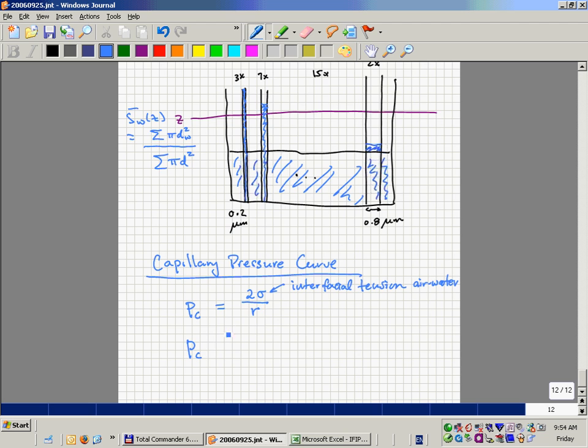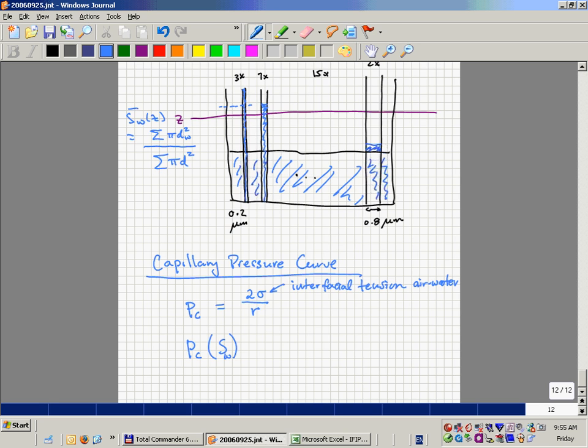Then, based on this particular diameter, we can say that all of the capillaries, all of the pores that size or smaller, are full of water. So this has a certain saturation associated with it, water, the wetting phase. Okay? So if you take one particular capillary size, all of the capillaries of this size and smaller are full of water.